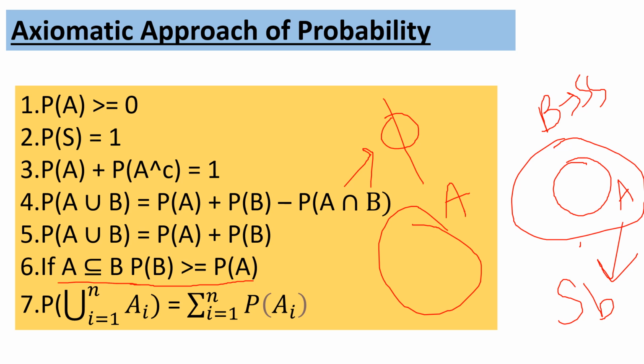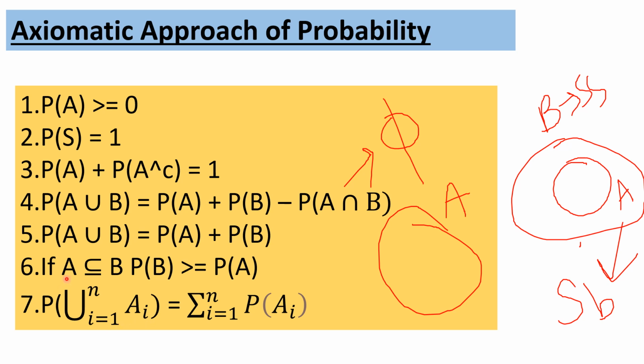And the last axiom we have is probability of union i equals 1 to n of A i, which is equal to summation i equals 1 to n probability of A i. If you take the union of A events, A అనేటివి కొన్ని events ఉన్నాయి, which is i equals 1 to n events.